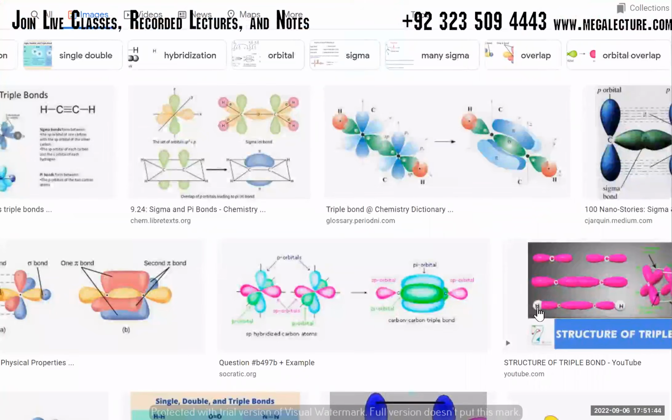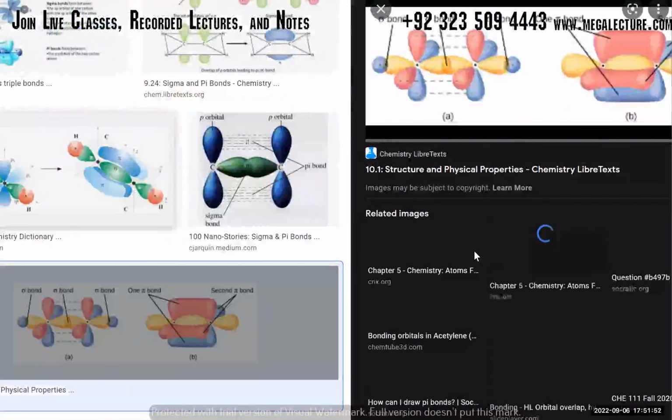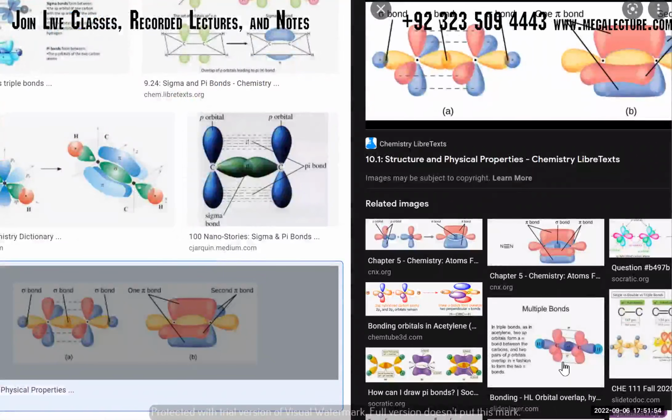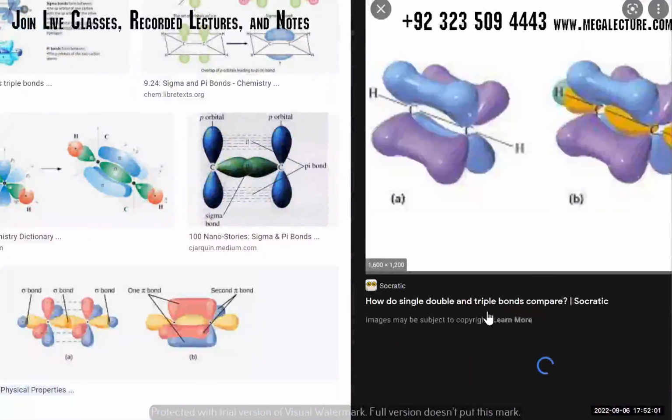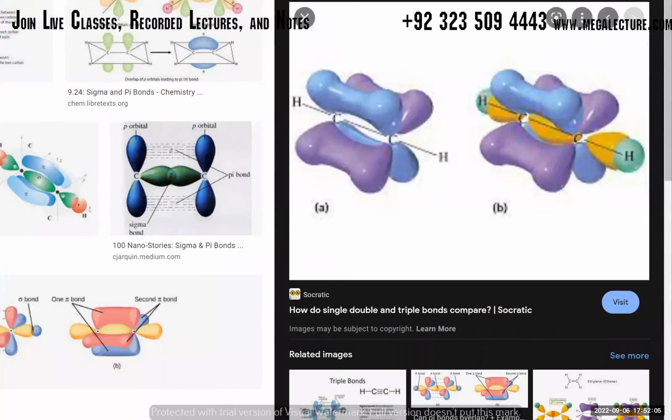अगर वो 3 डायमेंशनल शेप मिल जाए सो... हाँ ये सही है, बल्कि इतनी भी सही नहीं है, कोई ज्यादा बेहतर पिक्चर नहीं है। हाँ ये सही है, ये अच्छी है। अच्छा, this is how a triple bond pi bond would look like.